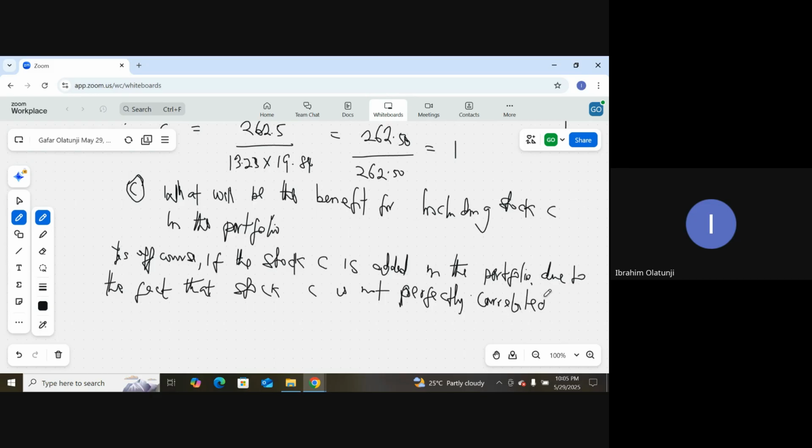They said it is not perfectly correlated, so if you add it, it won't be perfectly correlated with the other stocks, A and B. Are you getting it now?